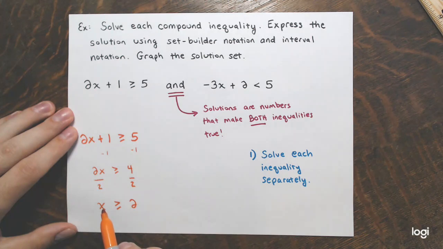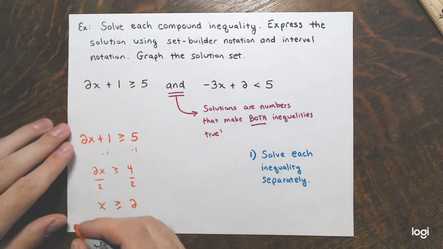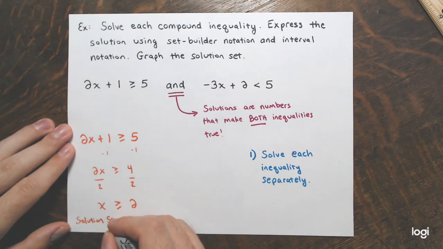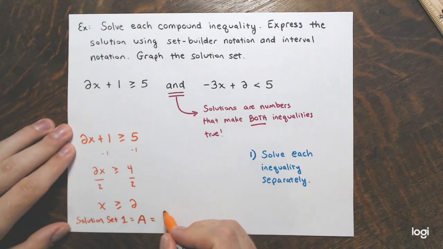I can replace x with anything greater than 2, like 3, 4, 5, 6, 2.5, 2.1, anything greater than 2 will work, and or equal to 2, so 2 works as well. And then here's the solution set for this first inequality. I'll call it solution set 1. And just for brevity, to keep it short, I'm going to call this first set set A.